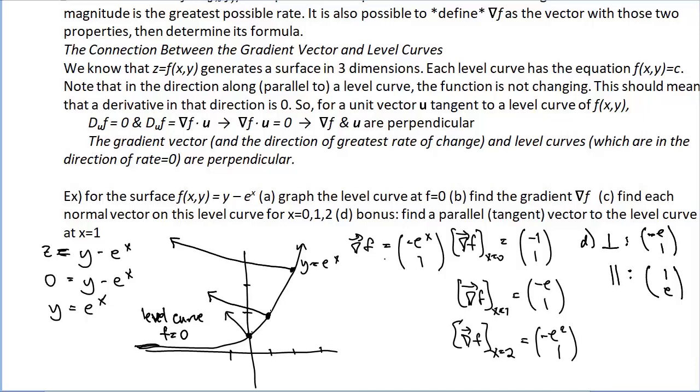So at the point x equals 1, drawing in the vector 1, e looks something like that. And reasonably speaking, that does look parallel, meaning tangent to the level curve.